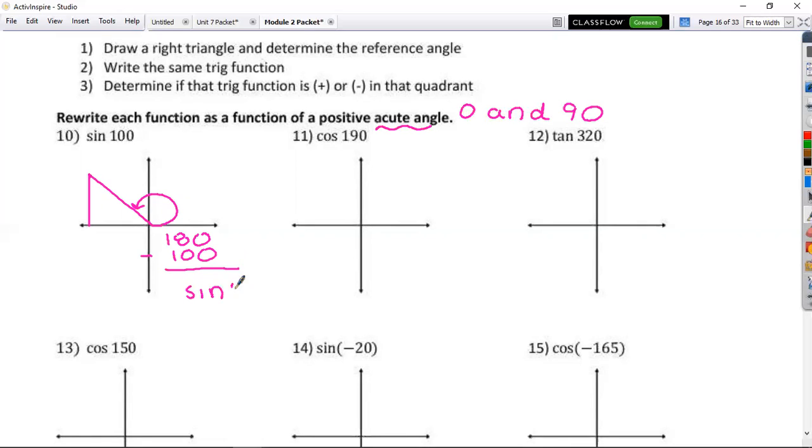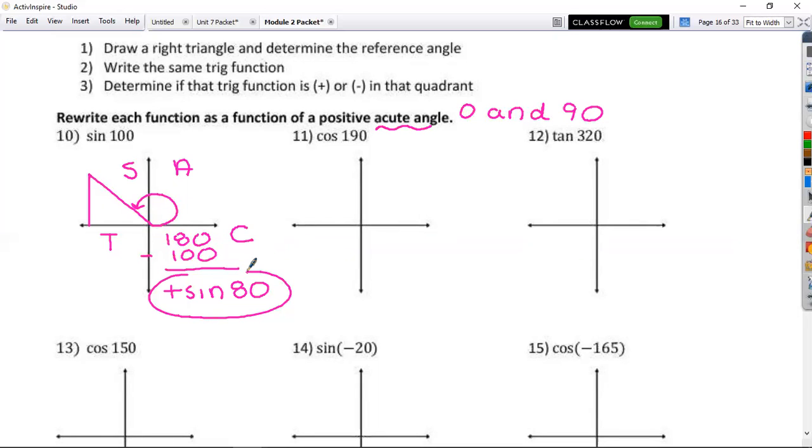And now what you're going to add on to this is ASTC. Is sine positive or negative there? Positive. So I'm going to place a positive in front. Clearly, you don't have to do that, but what students typically do with these problems is that always gets forgotten. So I always add it in there just to try to prevent people from skipping it.